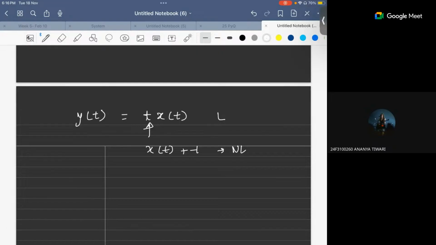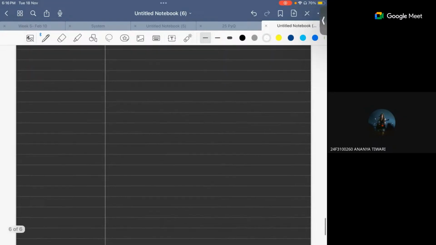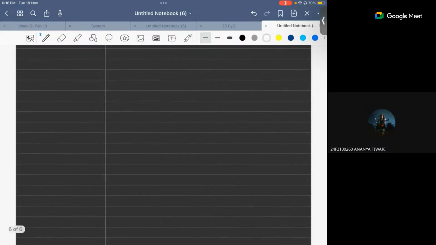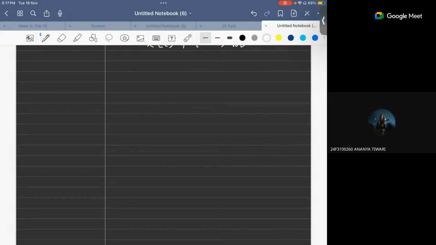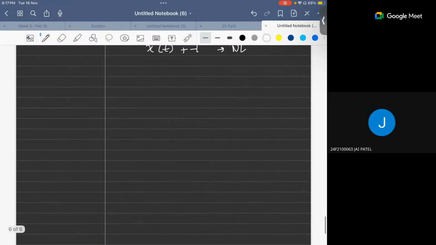In the accumulator, when you are dealing with discrete values, there the accumulator comes into the picture. Is that what you're talking about, or something else? No, like if we have some function like y of t is equal to limit something tending to x of t, then that would be linear also, right? Yeah, that also can be linear. Okay, if you have any function, you can just let me know.